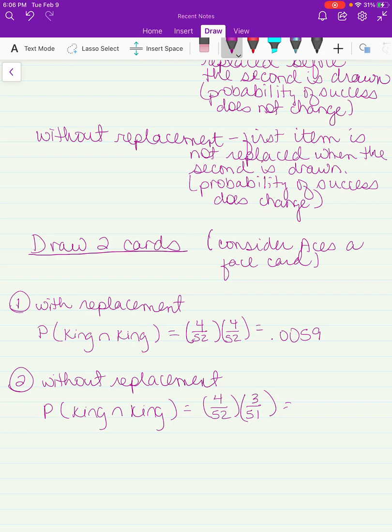So if I do 4 out of 52 multiplied by 3 out of 51, that gives me 0.0045. So that kind of shows you the difference between with and without replacement. Once I go through the problems on the Module 1 document and you see some of this practice, it will hopefully be a lot more clear if it isn't already.